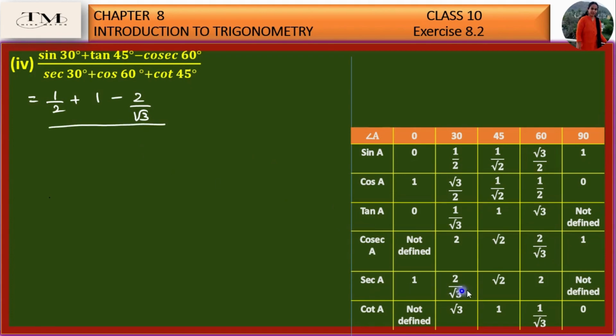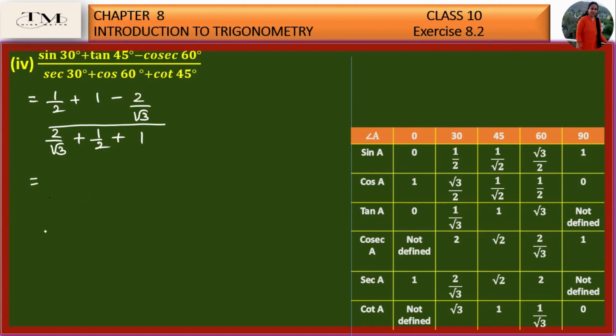So secant 30 is 2 by root 3, plus cos 60. So cos 60 is 1 by 2 plus cot 45. So what is cot 45? Cot 45 is 1. So we substituted all the values.